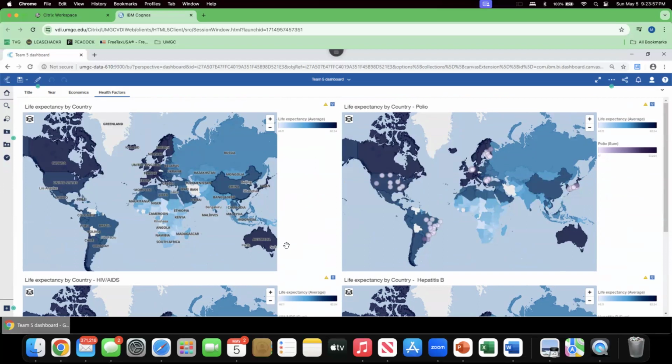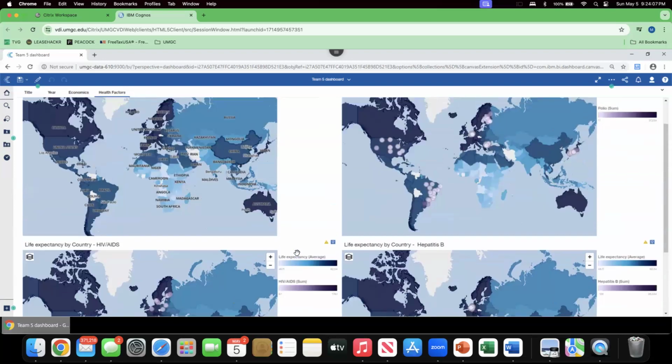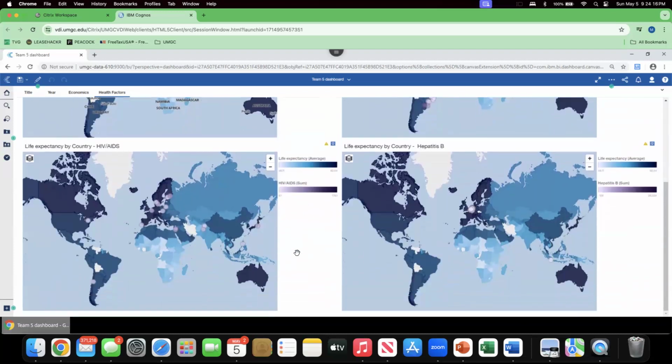And a lot of these diseases, polio, hepatitis, they're communicable diseases, however they are spread, but understanding what they are matters, and there's a vaccine for polio, and there's certainly treatments for hepatitis and HIV.